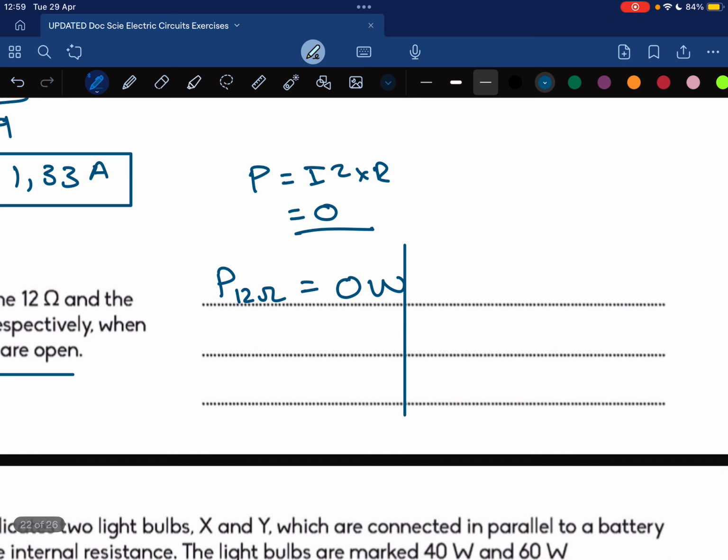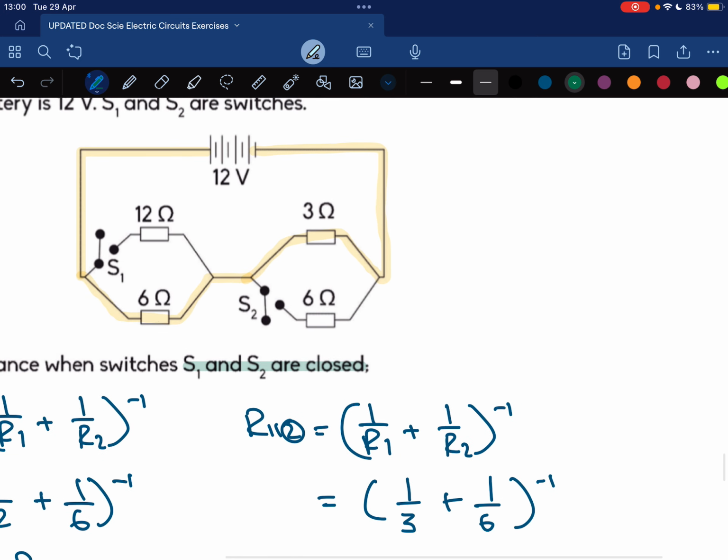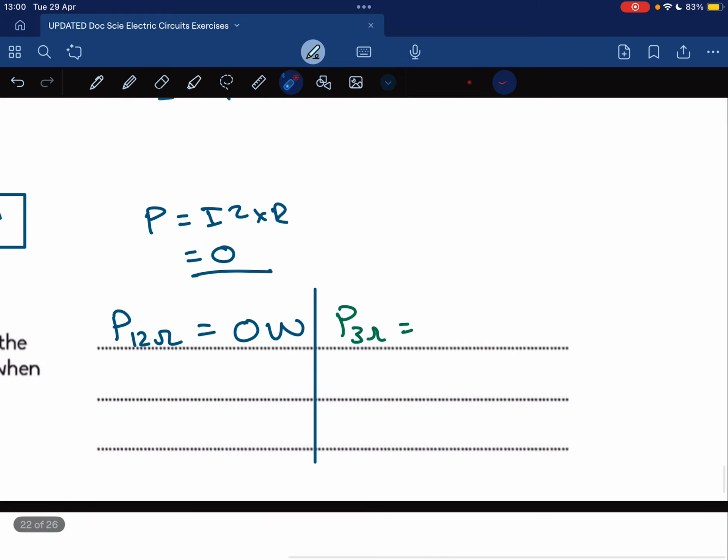Then if I want to know the power through the 3 ohm resistor, I can see, okay, well, does current flow through the 3 ohm resistor? Yes. Which means that there is going to be a power. So I can use the same equation I used here.